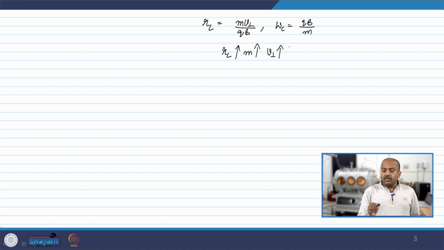So, the average drift of the guiding center per one cycle will be smaller. However, this is compensated equally by the larger frequency, because the mass being very small increases the frequency. The number of cycles per second will be very large, and the drift per cycle will be small, but the frequency being larger, it will be averaged out.